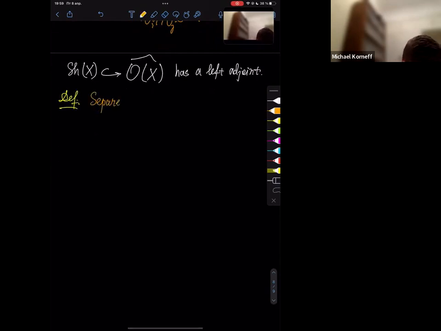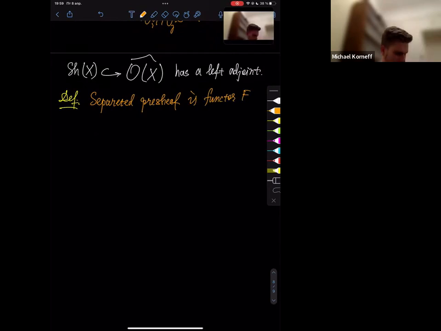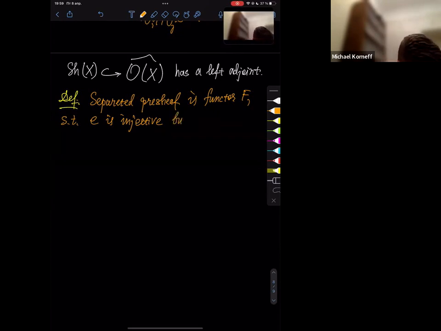A separated pre-sheaf is a functor F such that the equalizer map E is injective, but not necessarily an equalizer.